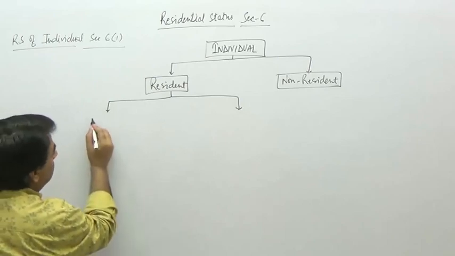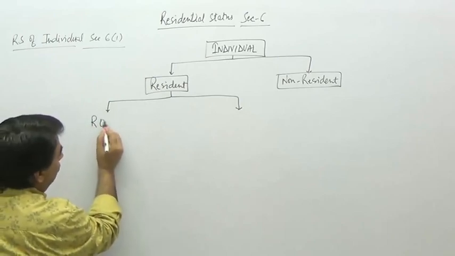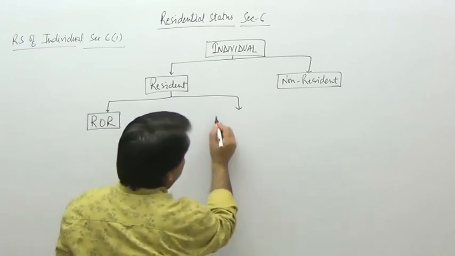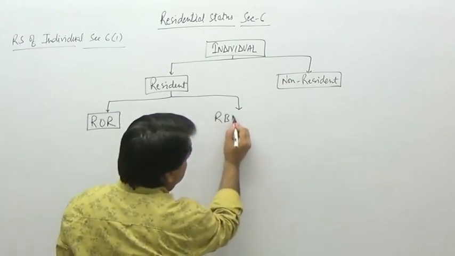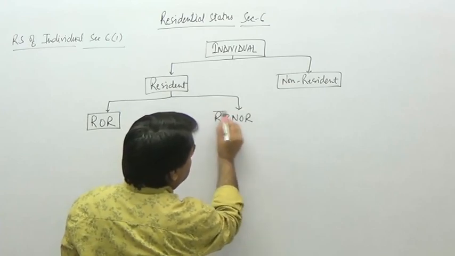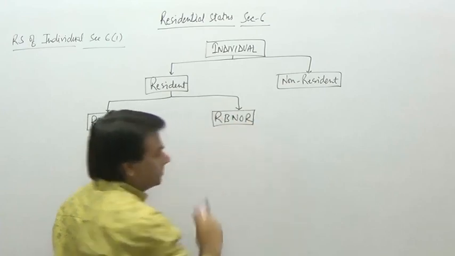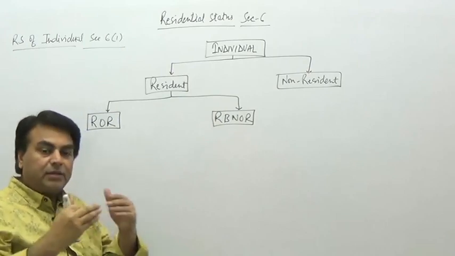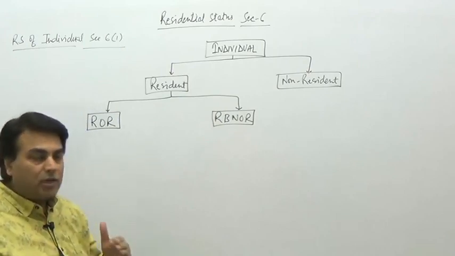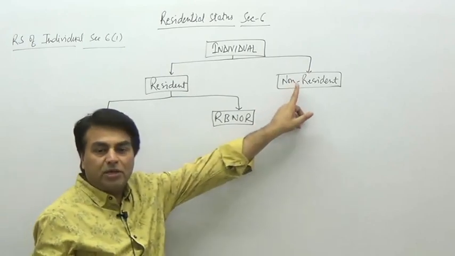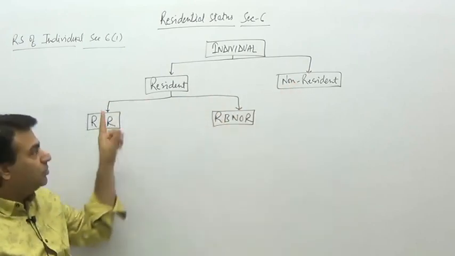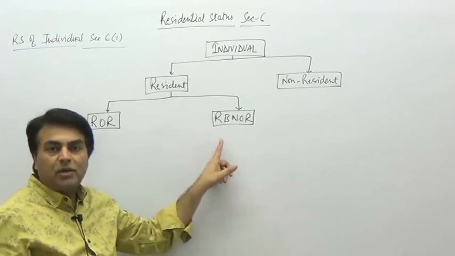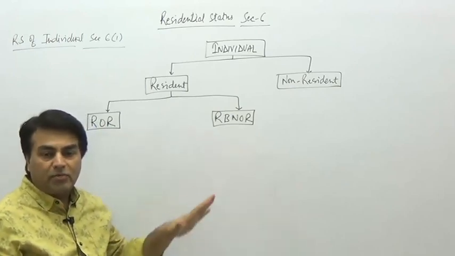We would call him here ROR, resident and ordinary resident. And here we would call it RBNOR, resident but not ordinary resident.